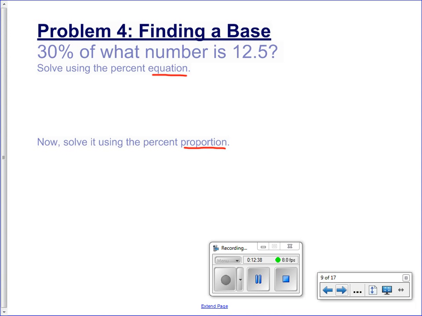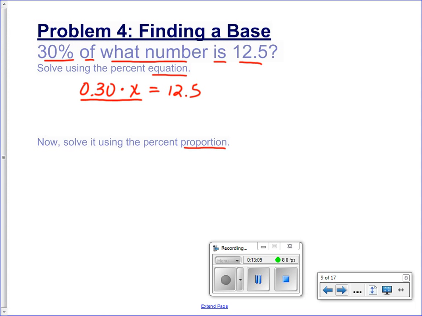On equations, you can literally write it out one part at a time. Remember, in an equation, we're going to represent 30% as a decimal. So 0.30, of means times, what number, let's just call that x, is means equals, and then 12.5.